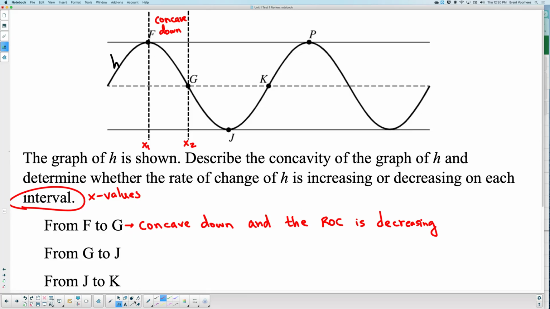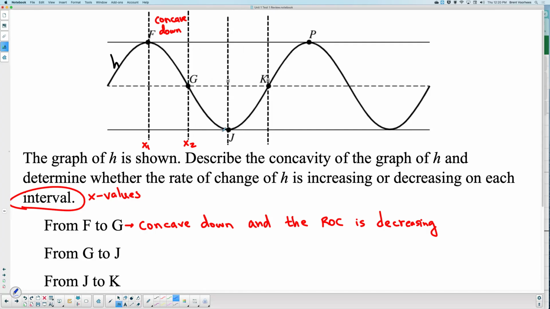So next interval, we're going to look at, let me just copy and paste. We're now going to focus on G to J. From G to J. I guess I'll need 2 lines. From G to J. So I want you to think about your hand here. From G to J. If you were going to do that, would you do upside down with your hand or right side up?